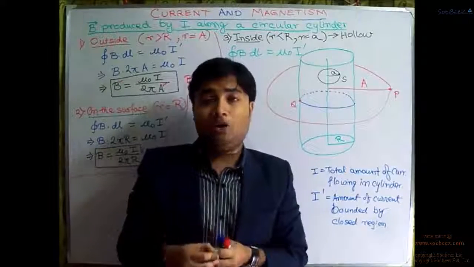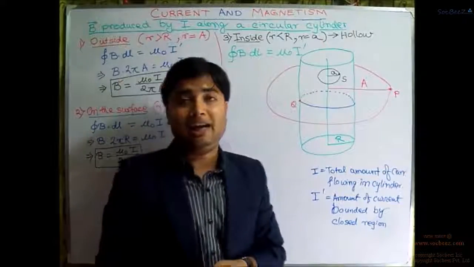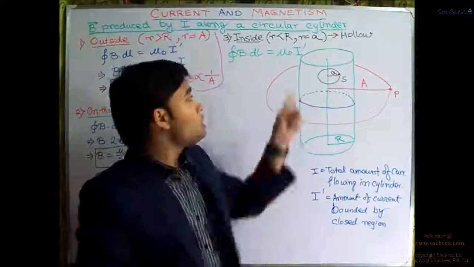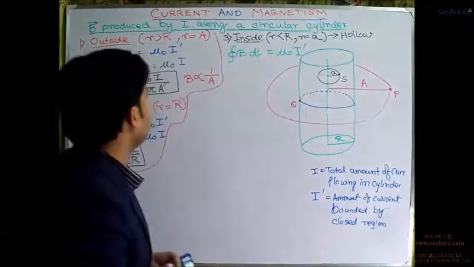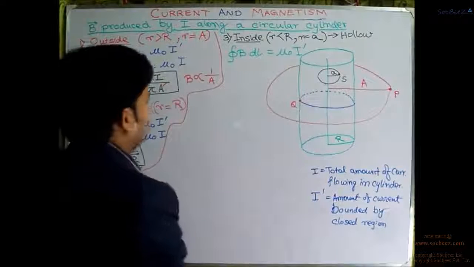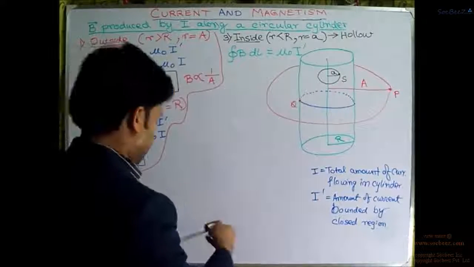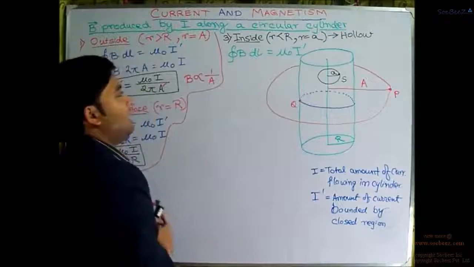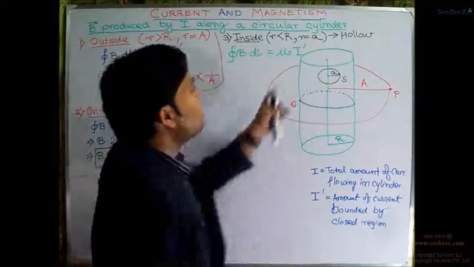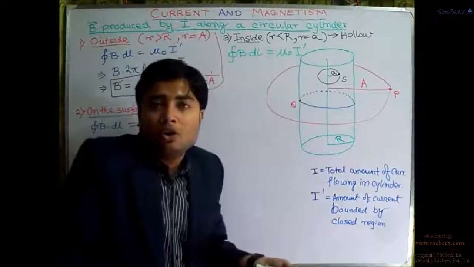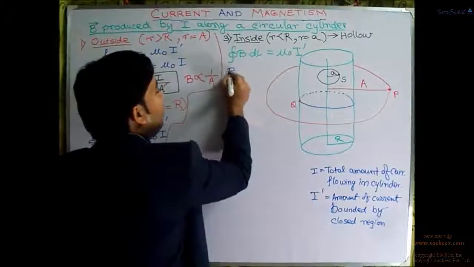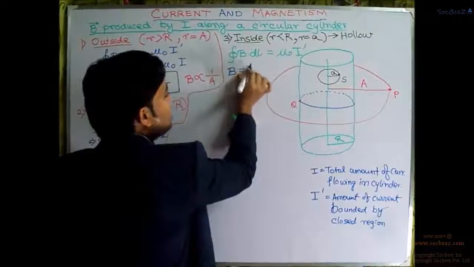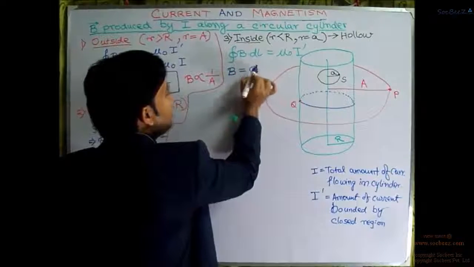So we shall not feel any electric current inside. So I dash in this scenario will simply be equal to 0. And if I dash is 0, we shall find that the line integral of B dl is simply 0, or that B at this region is equal to 0.